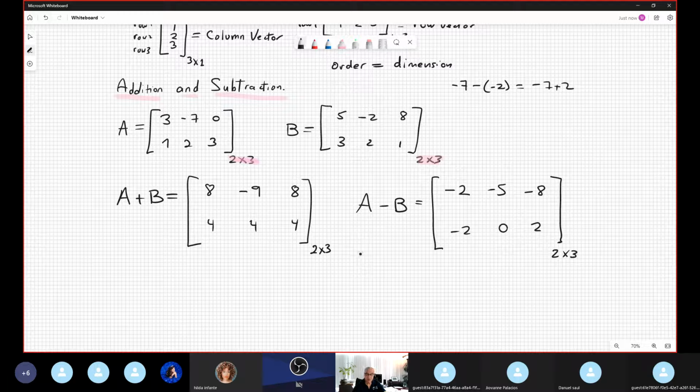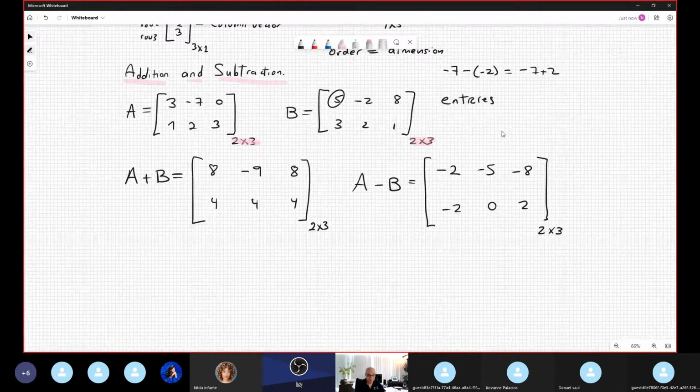By the way, each element of the matrix is called an entry; some books call it an element. The identification normally uses a double subscript, but it's not important now. Do you understand addition and subtraction very well? Yes or no?